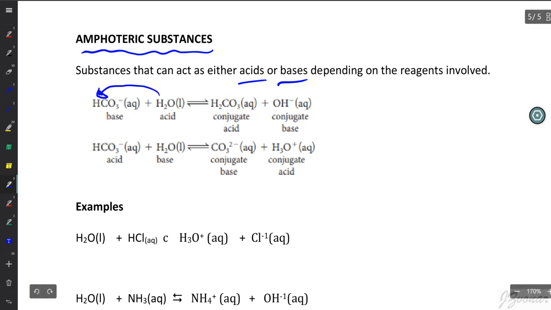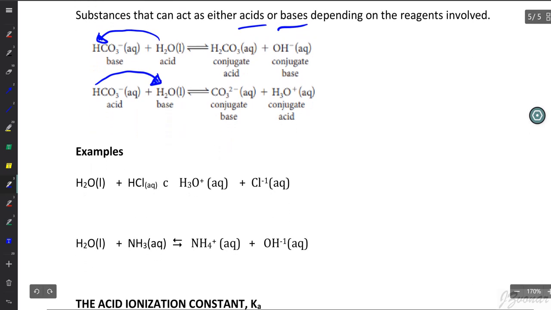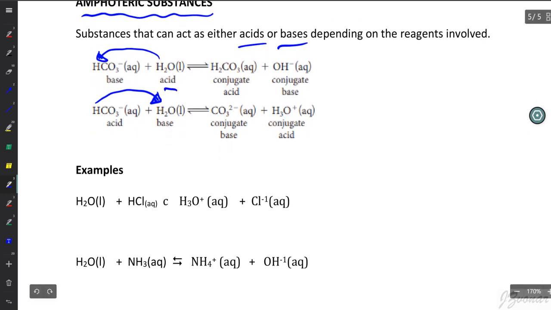All right, but in my second example, water is acting as the base. Okay, so water is a good example of an amphoteric substance because it can behave either as a base or as an acid depending on what reagent it's being involved with. Okay, so water is a very good example here because it can act as an acid and it can act as a base.